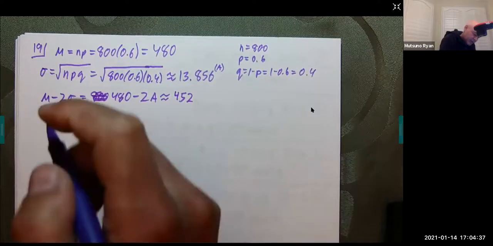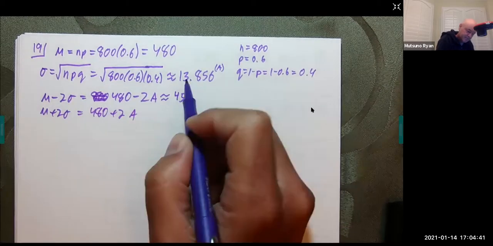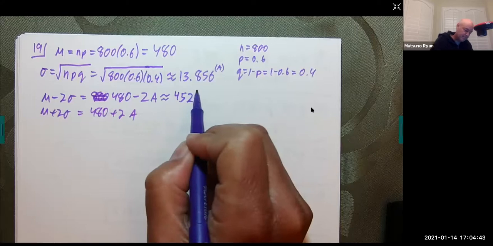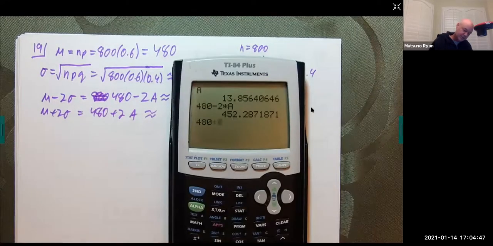Versus this one, which is 480 plus 2 times A. Again, A being this number here. So 480 plus 2 times A, we'll say 508.